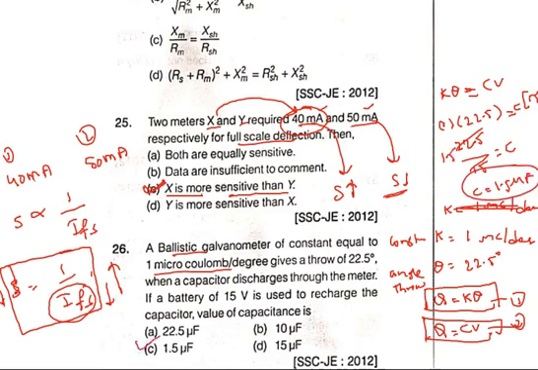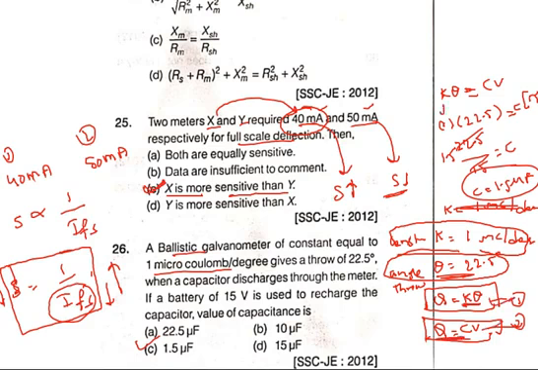Hope you understood. What I have done here: a ballistic galvanometer of constant equal to 1 microcoulomb per degree is given. So the constant value is K equals 1 microcoulomb per degree. Next, it gives a throw of 22.5 degrees, so the angle of throw is 22.5. We know the formula, charge Q equals K theta, and another formula, Q equals CV. Based on these two formulas, we can write K theta equals CV.